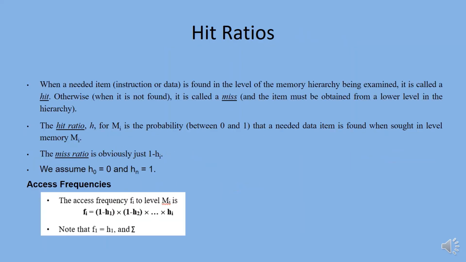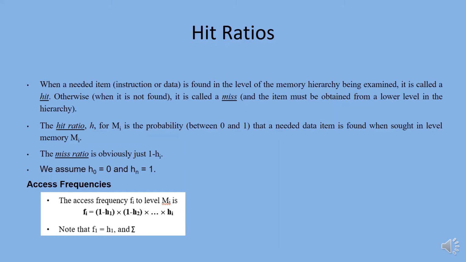Hit ratio. Hit ratio is a concept defined for any two adjacent levels of a memory hierarchy. When an information item is found in Mi, we call it a hit, otherwise a miss.